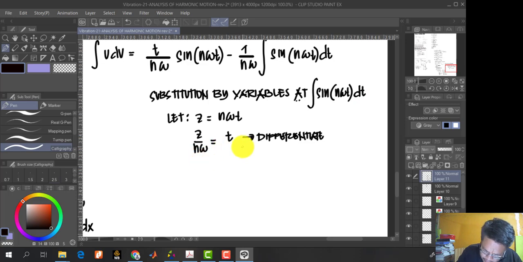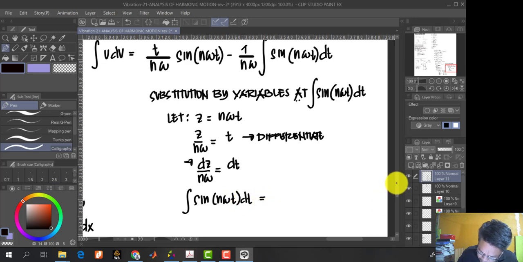So differentiating this one, we have dz on one side, equal to n angular velocity, and on the other side we have dt. So differentiating on both sides, then I can substitute in the equation. So I can rewrite the sine of n angular velocity times time, that will be dt.